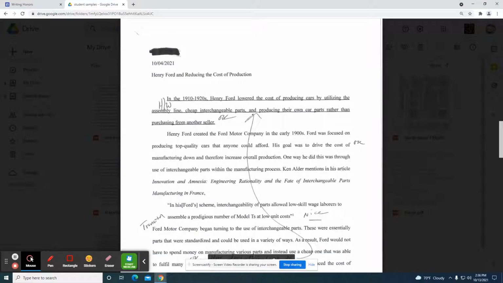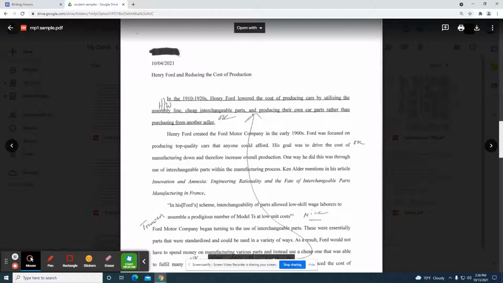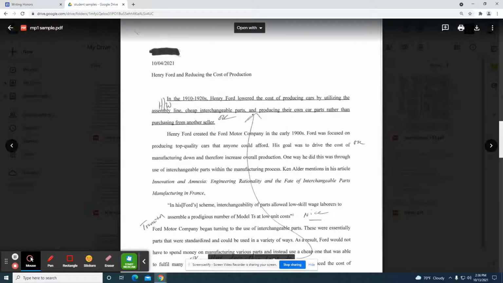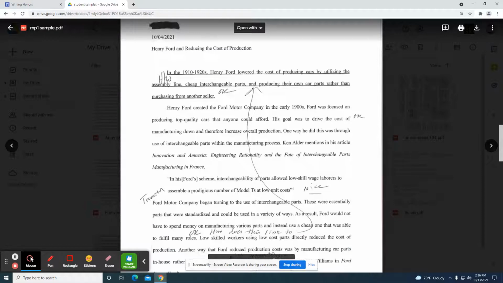All right, so this is the essay read that I thought was a good example here. They're looking at Henry Ford and production. In the 1910, 1920s, Henry Ford lowered the cost of producing cars by utilizing the assembly line, cheap interchangeable parts, and producing their own car parts rather than purchasing from another seller. So what they're trying to prove here is that Henry Ford was able to lower the cost of production by doing these items here.